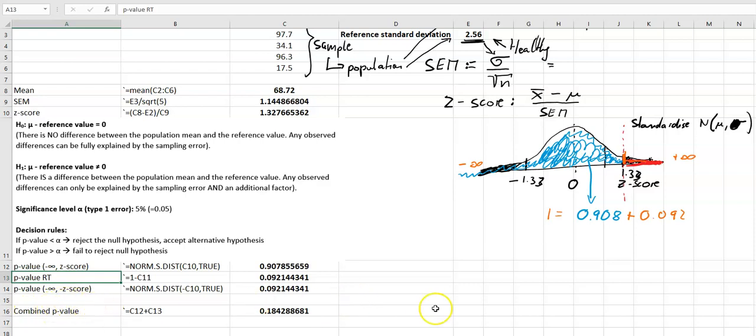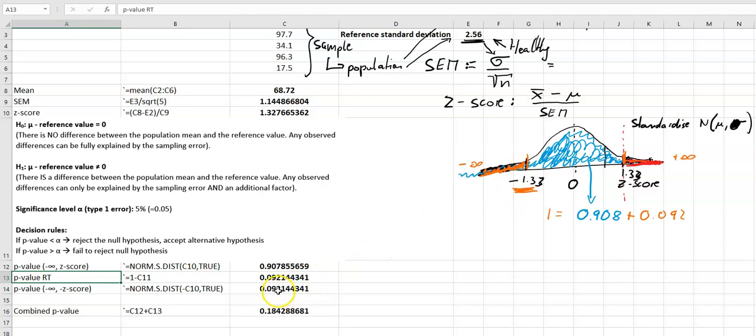Now we can also do the same calculation for this part here on this side, which we would use for a two-tailed test. Again, we calculate from negative infinity to the negative number of the z-score, as I've indicated here. So we can do that again with NORM.S.DIST, and this time we put in the negative z-score that we've calculated here, and we say we want the values accumulated.